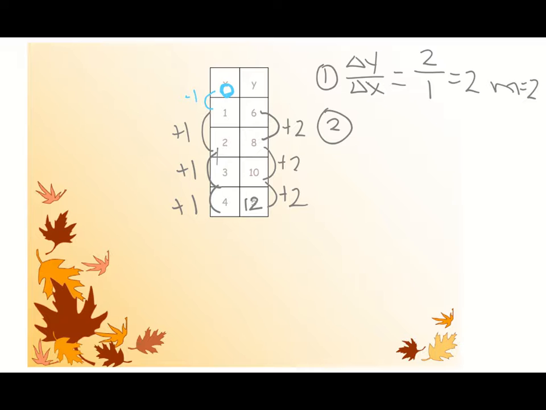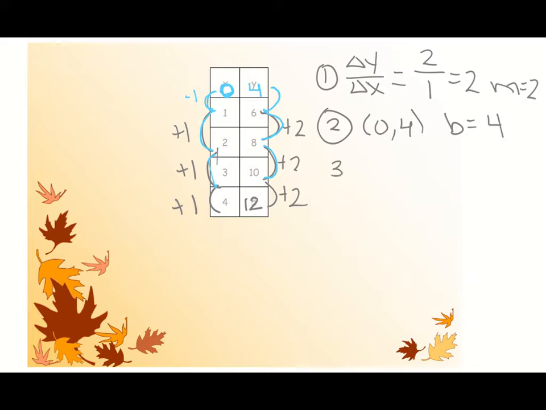When I'm going this direction, I'm adding 1. If I was going the opposite, I'm subtracting 1. The same thing happens over here. If I'm adding 2 each time here, going the opposite direction I have to subtract 2. So that would mean the y value is 4. That's going to be my y-intercept. The y-intercept is at (0, 4), and so the b value is equal to 4.